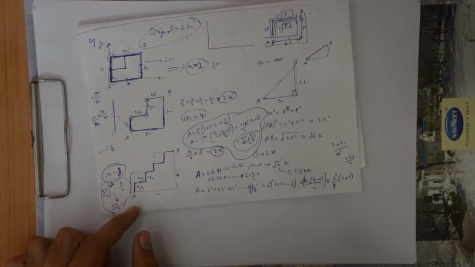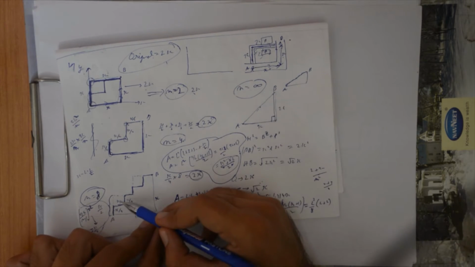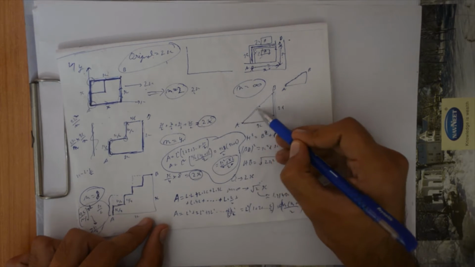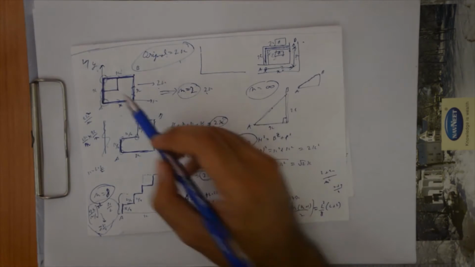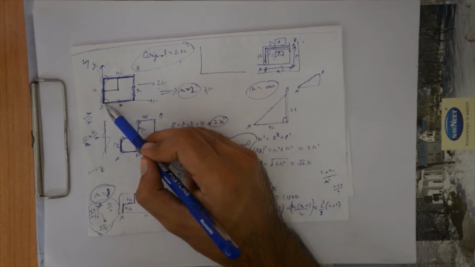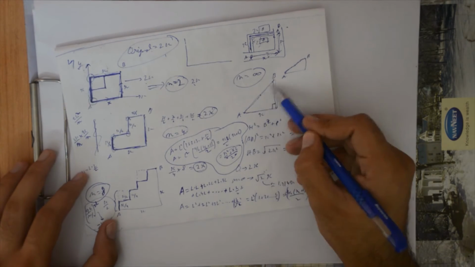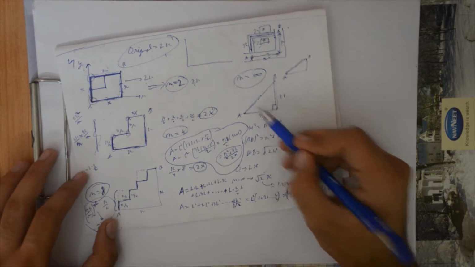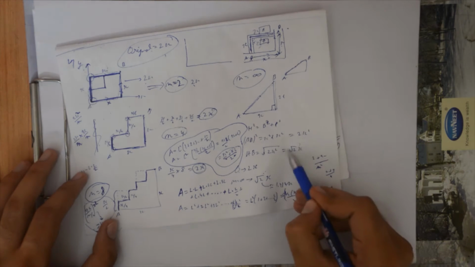What we proposed previously is, if we put n equals to infinity, this path will tend to become a straight line like this, and the distance will reduce, as clearly the original path was x plus x distance, and clearly here the distance is reduced and definitely not equal to x plus x, but rather we calculated it using the Pythagoras theorem, and it turned out to be root 2x.